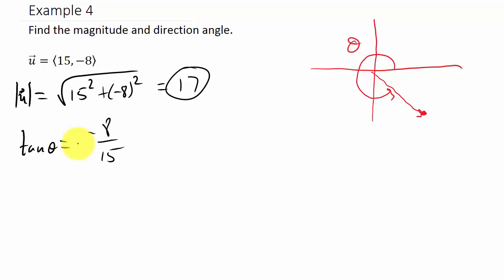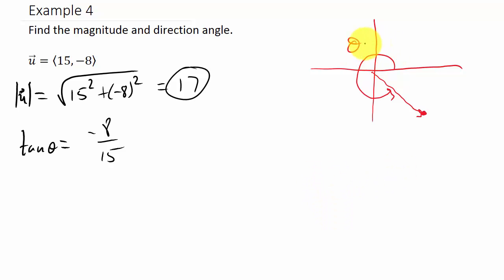So that's going to be negative 8 divided by 15. If I punch that into my calculator, I end up with negative 28.07. Okay, that's negative 28.07.